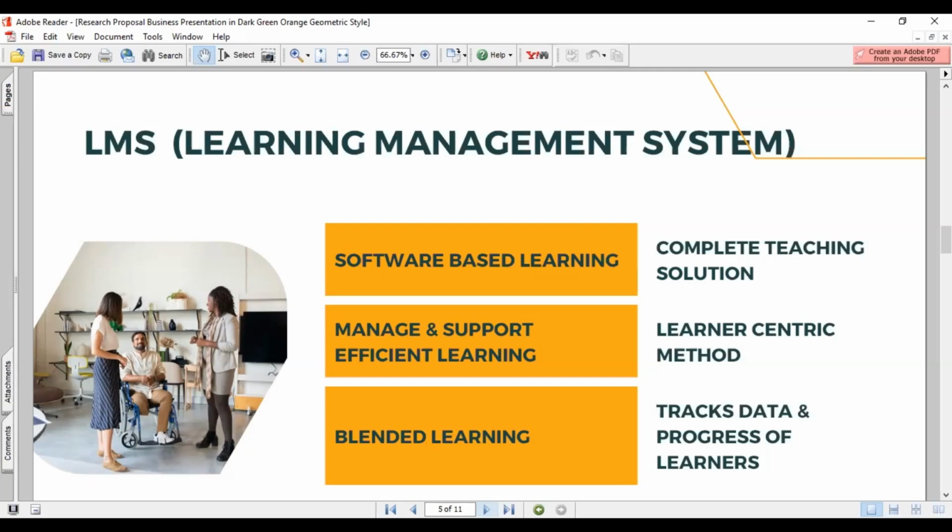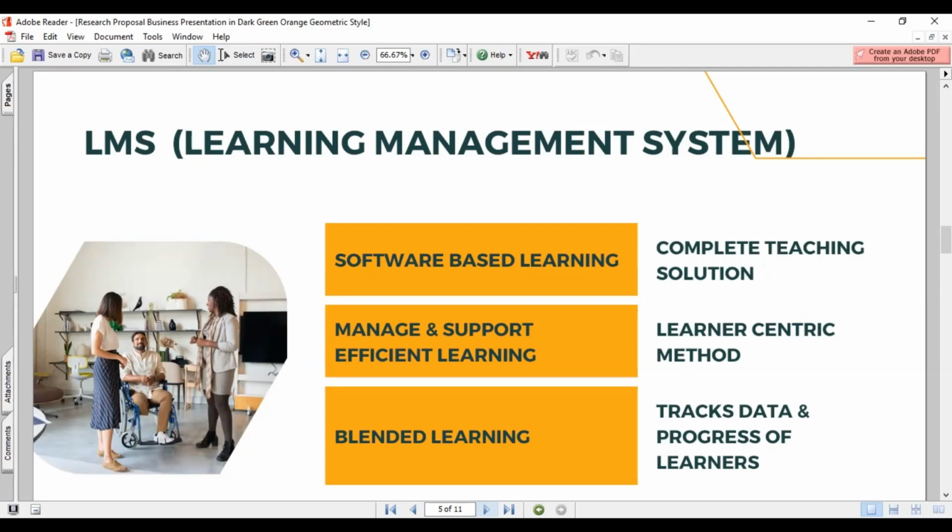Now obviously we can understand that this is software based learning, and it is also a projected way of learning, because in the classroom setup when the teaching takes place, sometimes LMS is projected through the projector, and the students are even encouraged to use their mobile apps or learn through LMS.